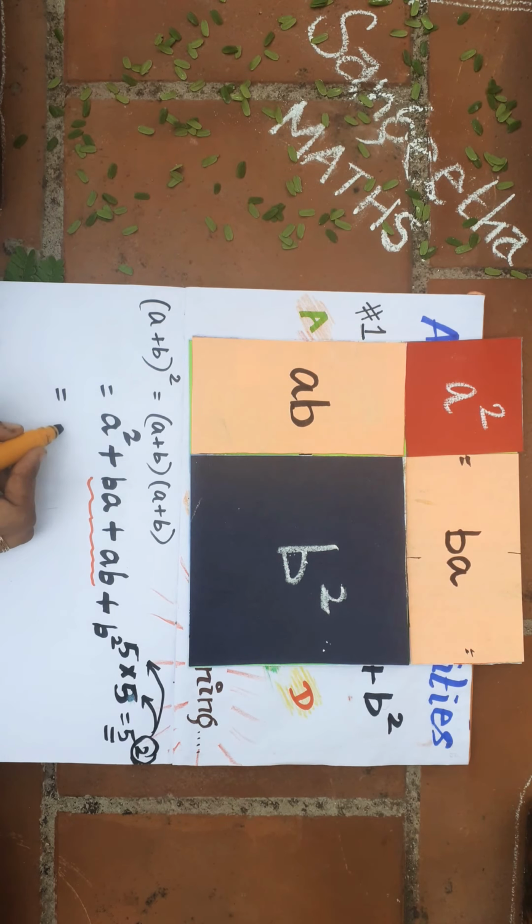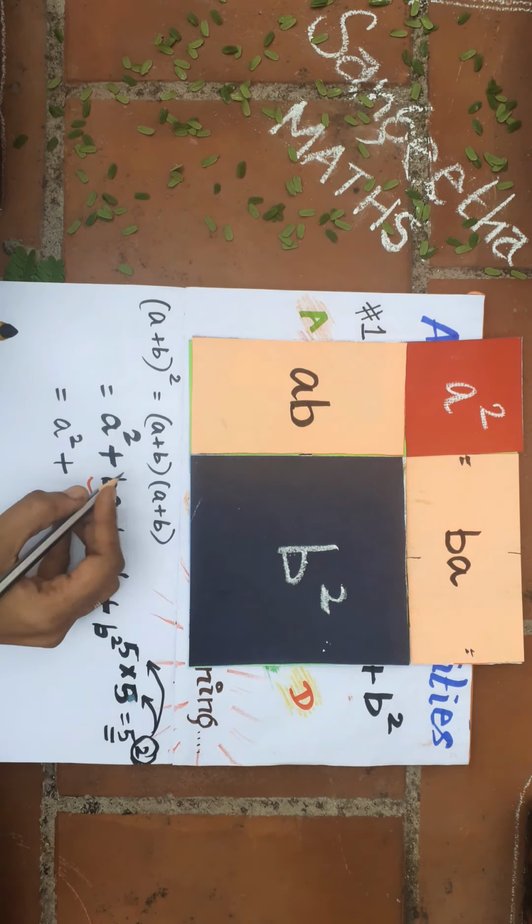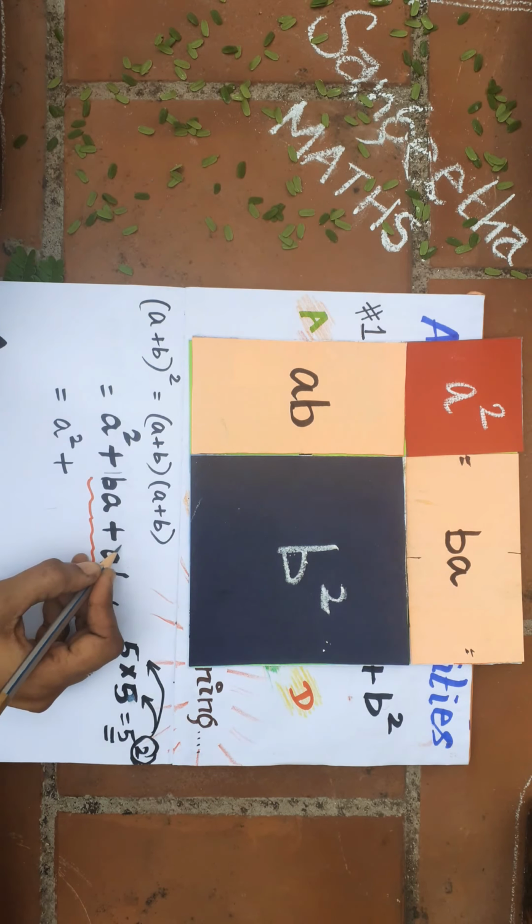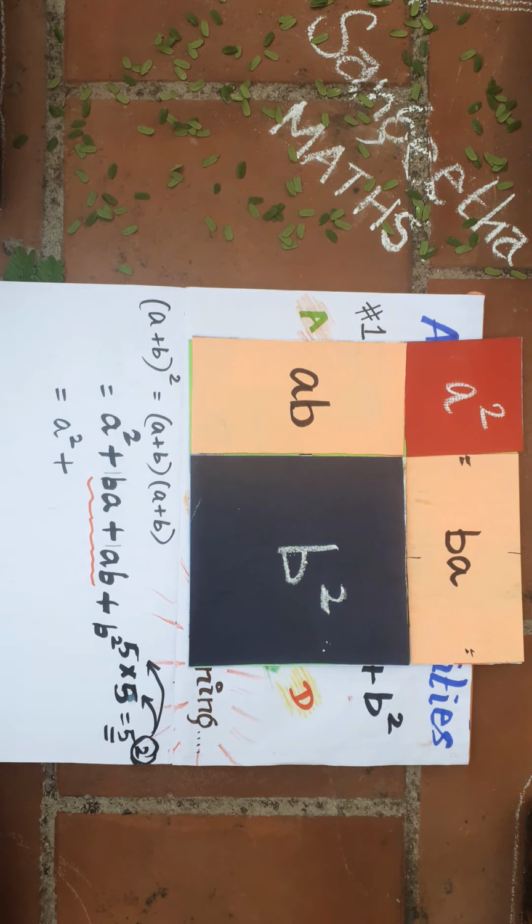So what do we get? We get A square, and how do I club these two like terms? If nothing is there, as your teacher says, one BA is one AB. So how many ABs do I have? I have 2AB plus B square. Got it? So here we have derived the algebraic expression, identity number 1.